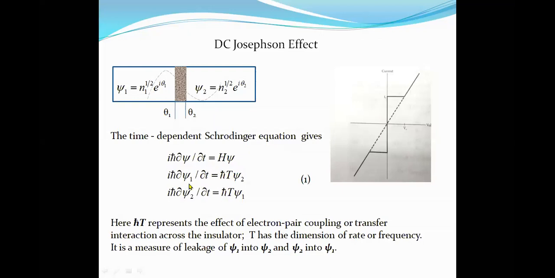That's how these equations are symmetric. Instead of calling it a frequency, we call it a measure of leakage because one particle, the Cooper pair, is leaking from one region to the other.